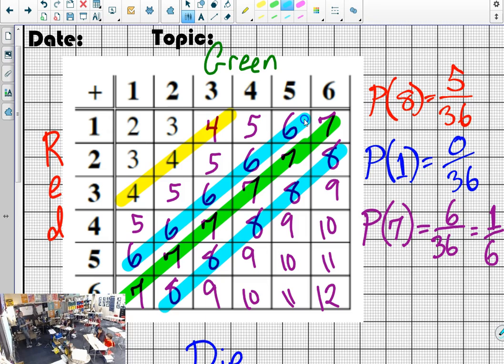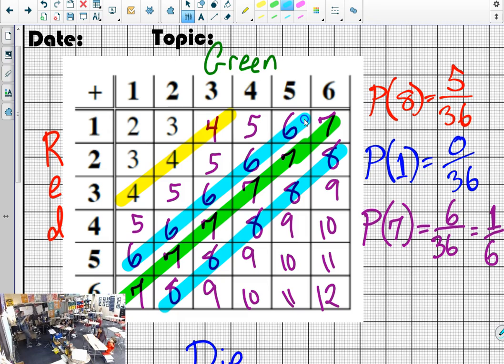So, what's the probability of getting a 6? 5 out of 36, right? What's the probability of getting an 8? 5 out of 36. And since they are 5/36 and 5/36, how do they compare?